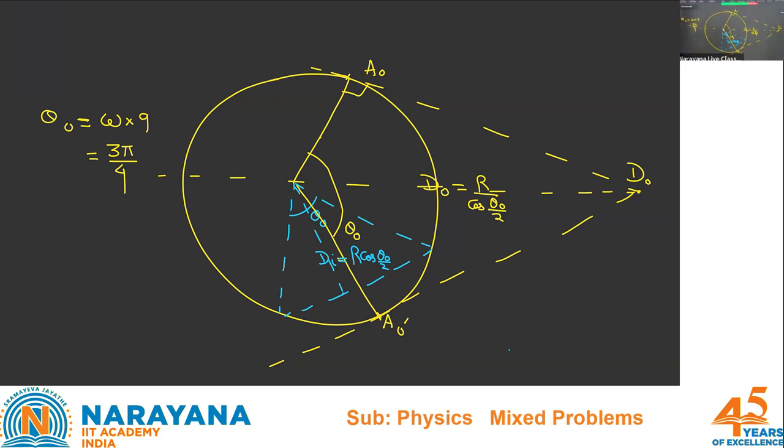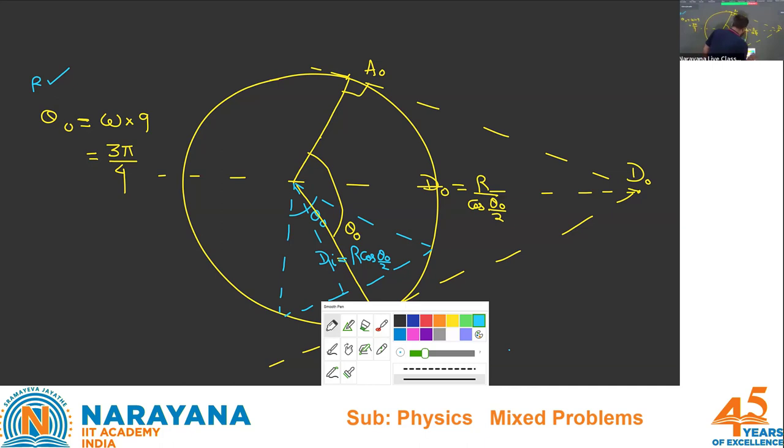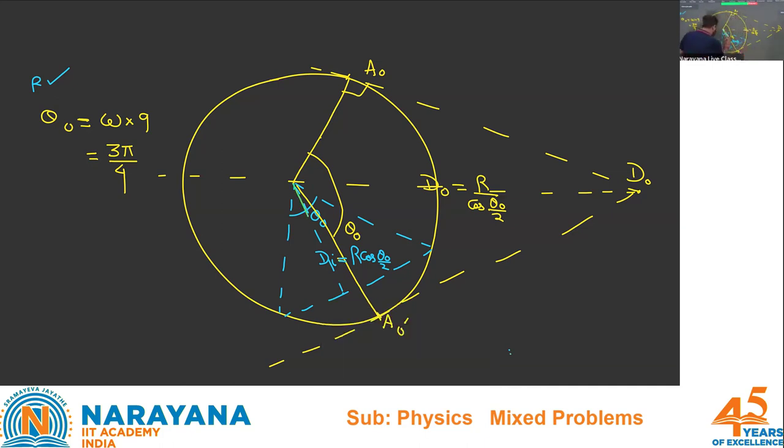All good. And theta naught is also known. And R I have already calculated. R previously I have already calculated. So R is also known. यहाँ तक पहुंच गए. Now the only thing required is the angle. So if we can somehow finally just complete this triangle properly, this one.